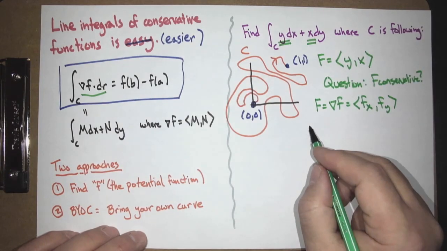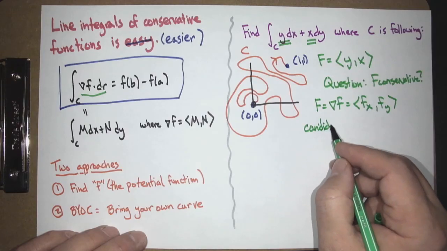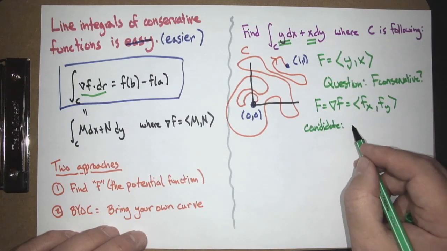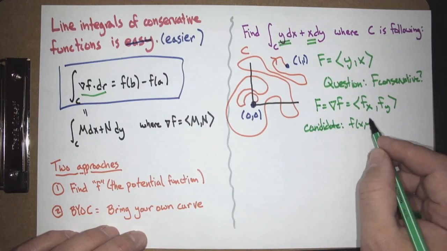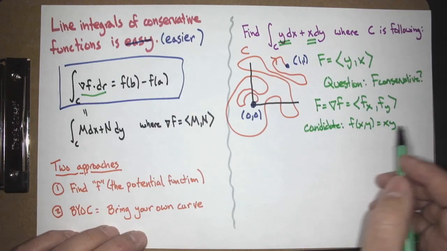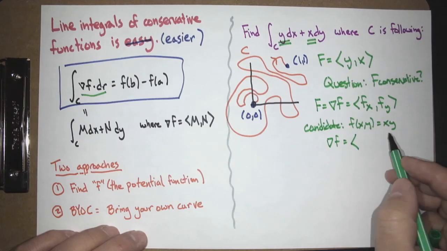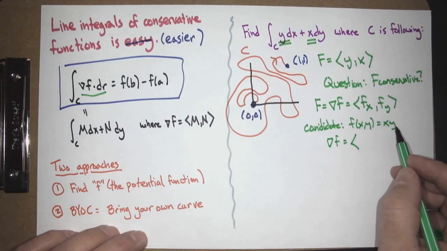xy, okay. We have a candidate. A candidate function: f of x comma y equals x times y. Let's check. The gradient of f would be the derivative of xy with respect to x.